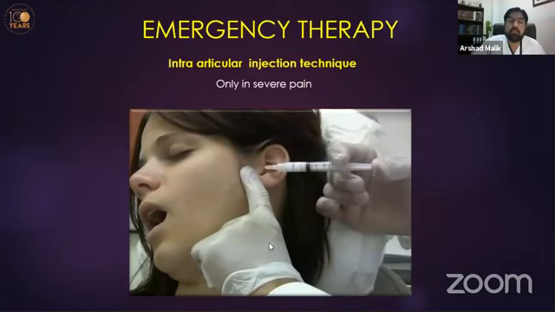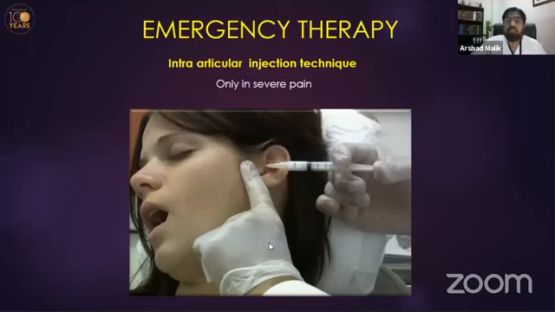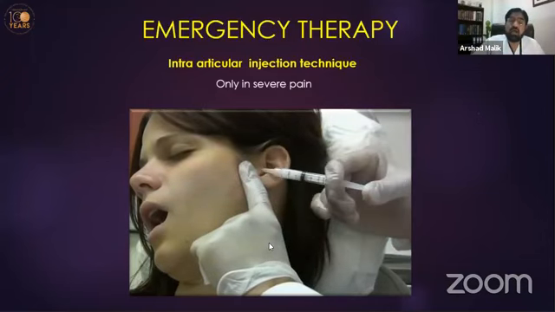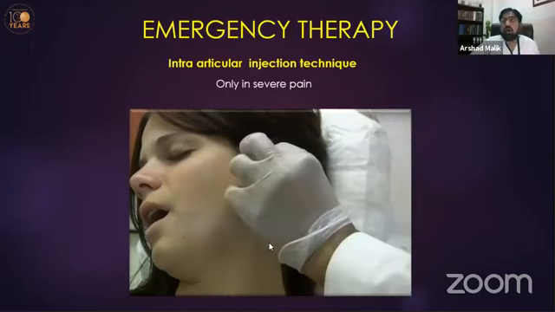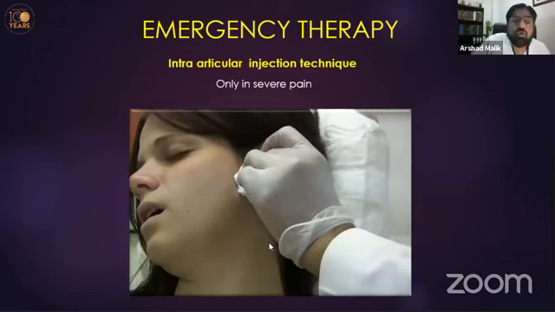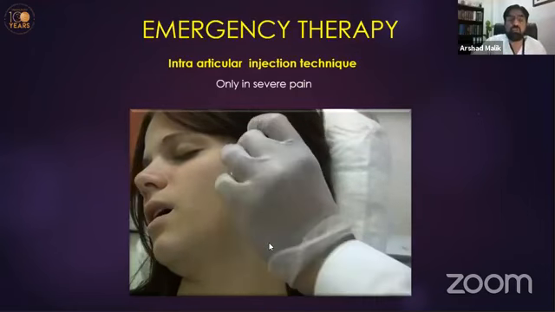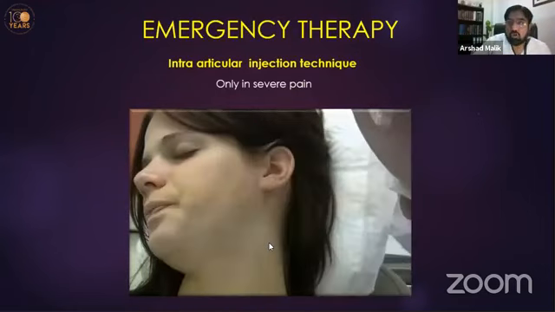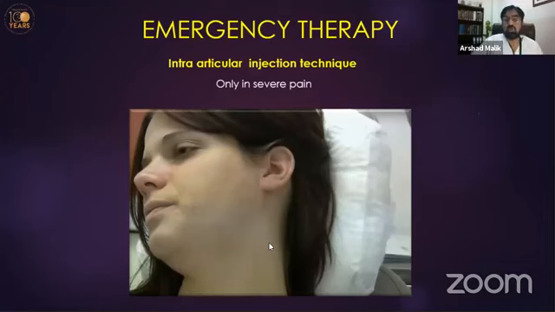Give a maximum of not more than half cc, or slightly above half cc, whatever you are going to inject, whether it is a local anesthetic agent, dexamethasone, or a long-acting steroid.